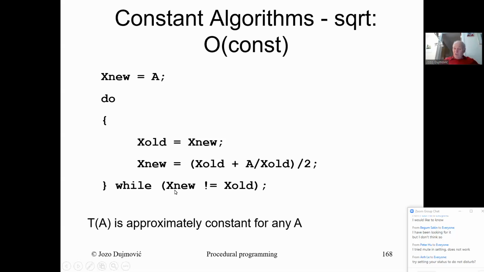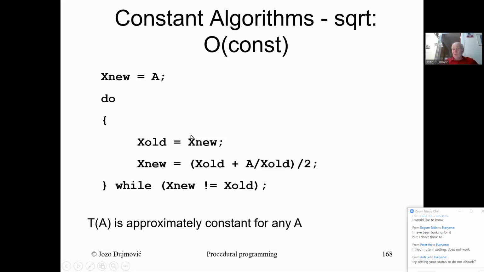And you know that when x new equals x old, then this is equal to square root, and you can display square root after that. So in each iteration, you say x old equals x new, and then compute the new value of x new. And if this new value is the same as the old value, then you have it. So you repeat this a couple of times.